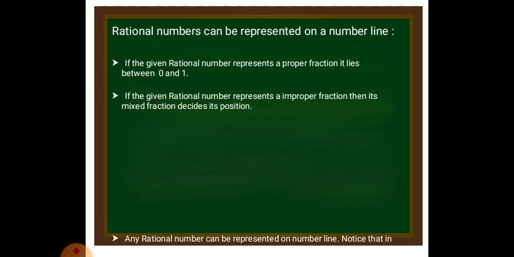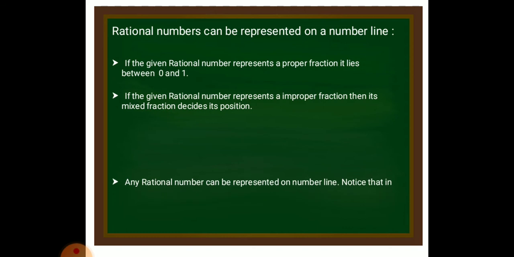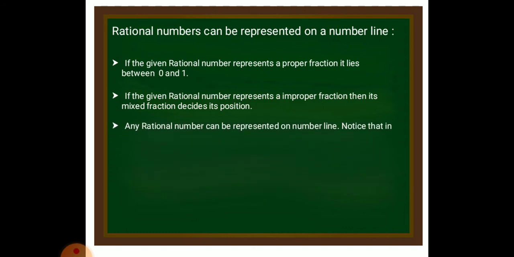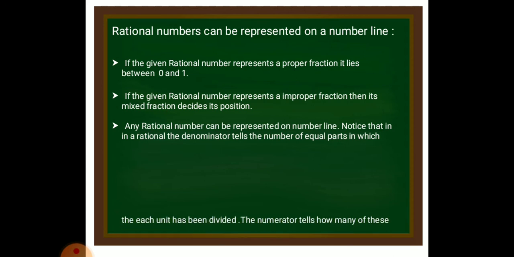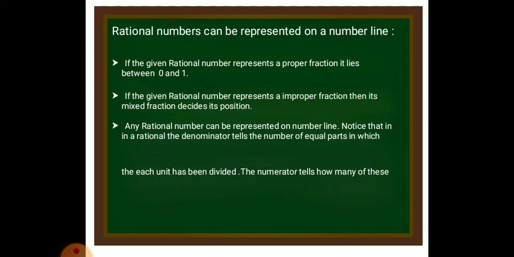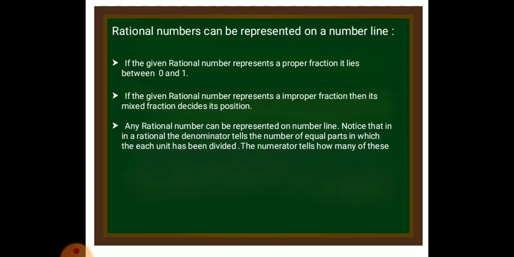And if the given rational number represents an improper fraction, then its mixed fraction decides its position on the number line. And we have seen that any rational number represented in p by q form can be represented on a number line, but while doing that, the denominator decides the equal parts.